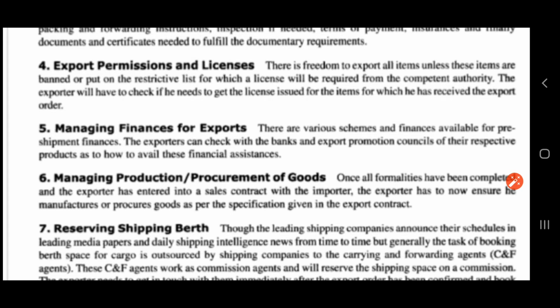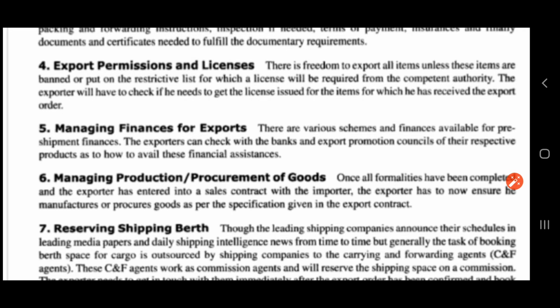And the fourth step, after fulfilling all these terms and conditions with a contractual agreement, obtaining export permissions and licenses is one more challenge for implementing this order. Usually there are two kinds of agreements, as we have discussed in the last class also.